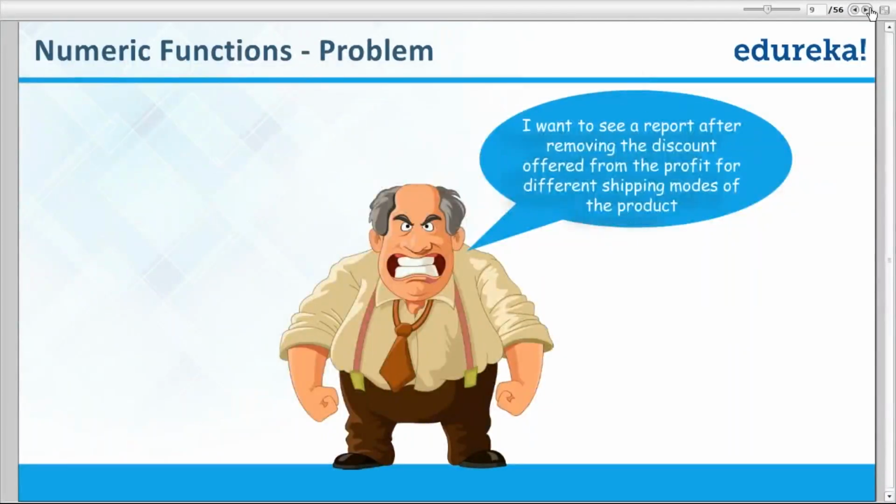Okay. Now we will see an example for this problem. You need to solve this problem for me. Can you all perform this calculation, friends? I want to see a report after removing the discount offered from profit for different shipping modes of the product.